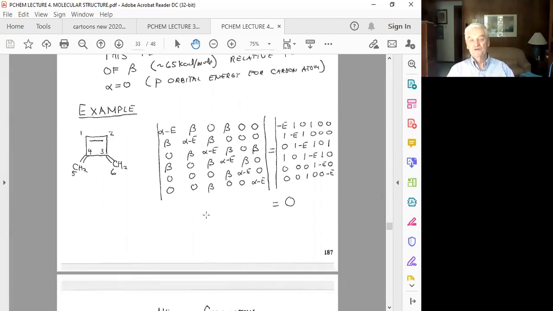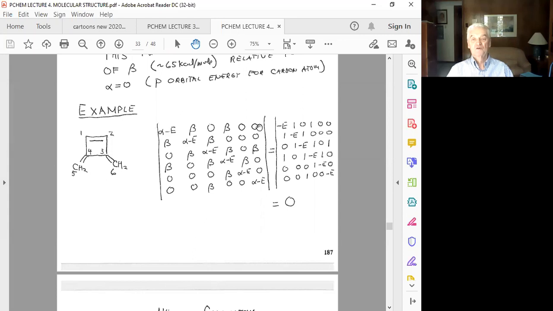So if we apply this rule to the molecule here, and I don't have time to go over the whole thing, we basically start off just as we had for the hydrogen atom, alpha minus E. For the hydrogen atom, we had H11 minus E, then H12.